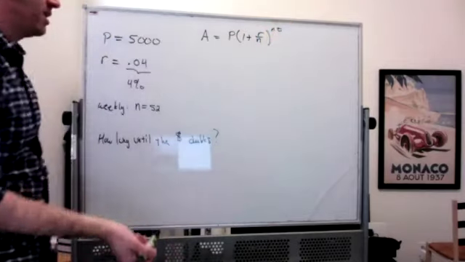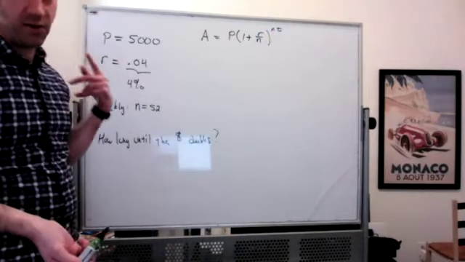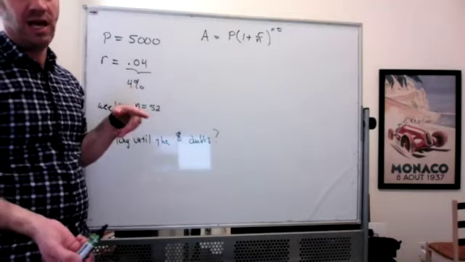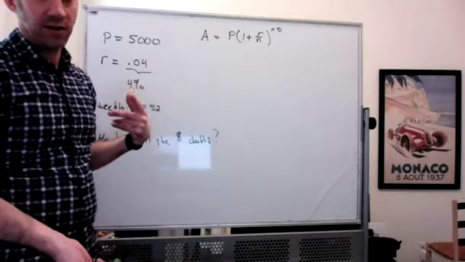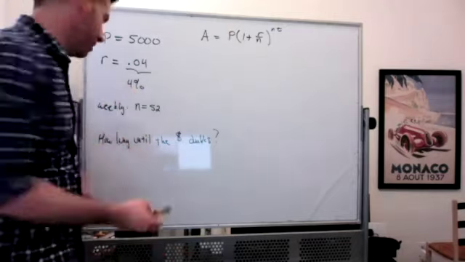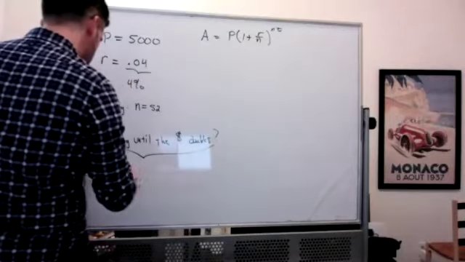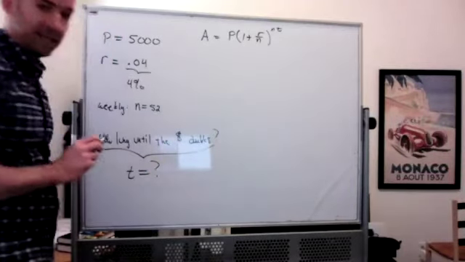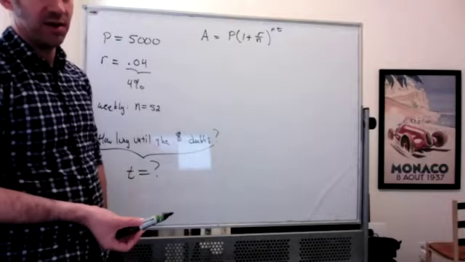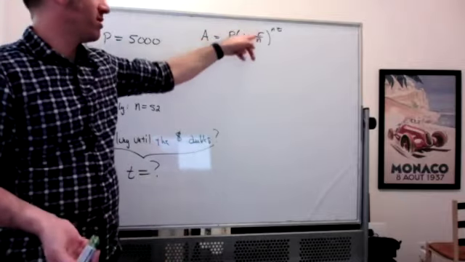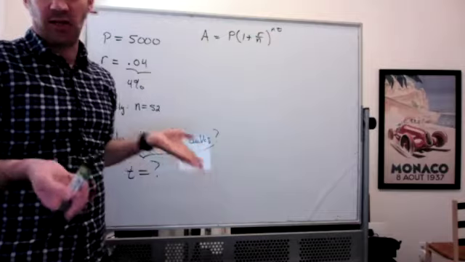So I should be able to put a value in for everything in this equation except for the thing I'm trying to solve for. Since I'm asking how long until the money doubles, I'm really asking for the time value, the t value. So that means the A, the P, the R, and the N, I should be able to substitute in actual numbers for.